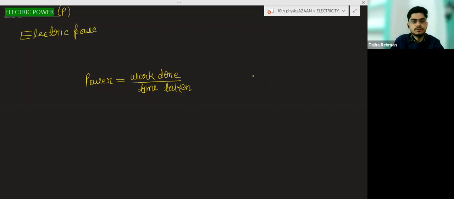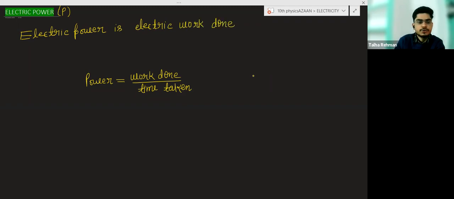Electric power is electric work done per unit time. So power can be represented by P, work done is W, and T is the time.